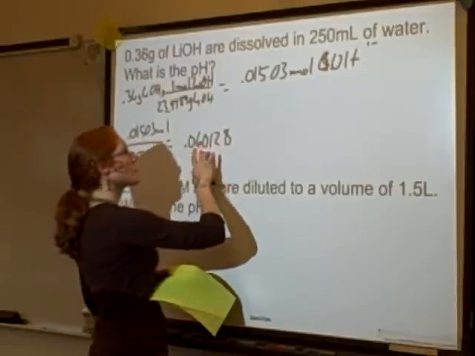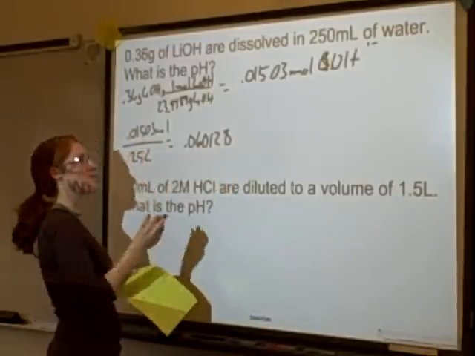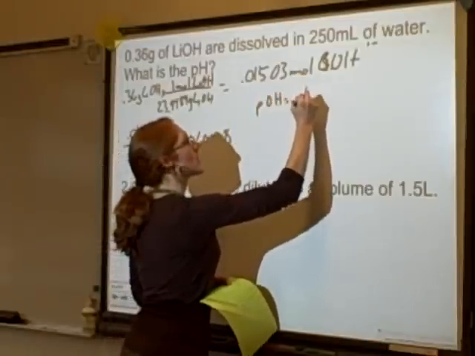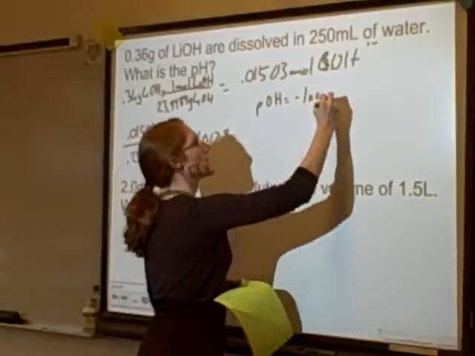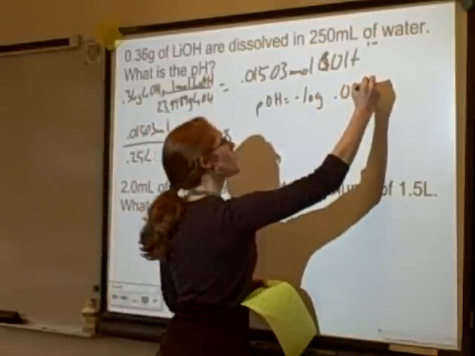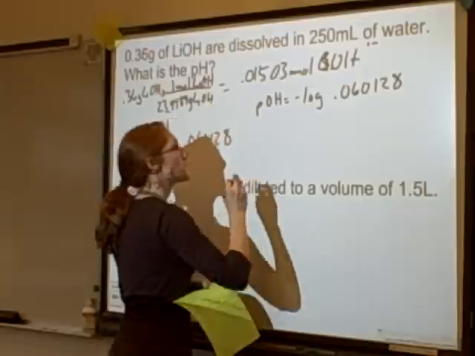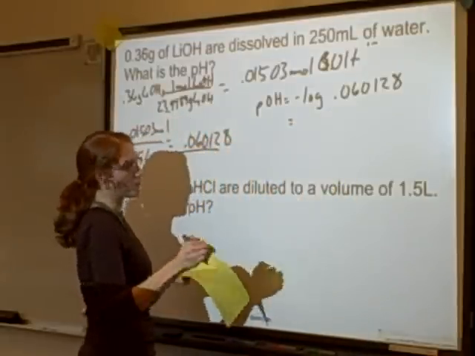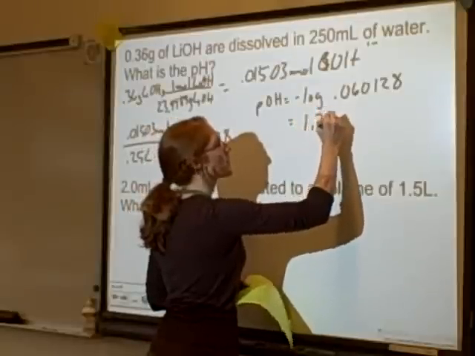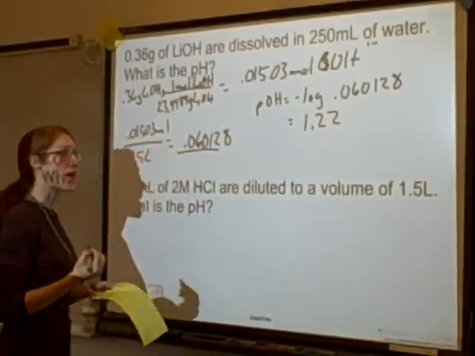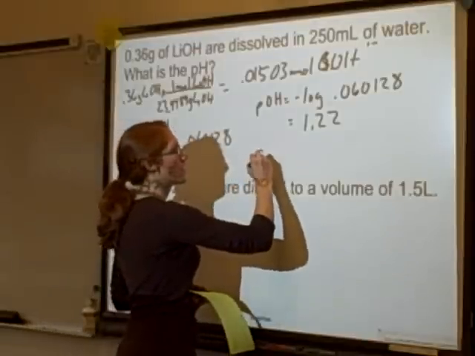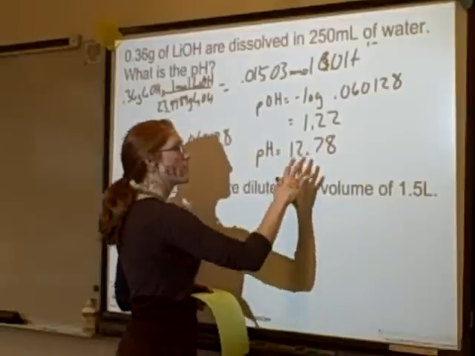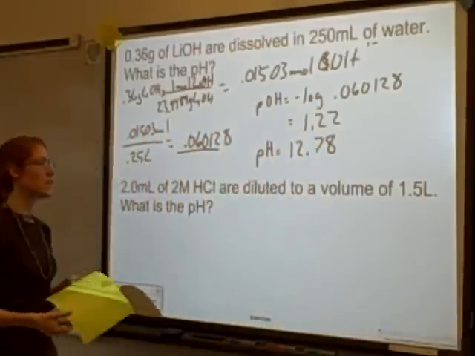So the pOH is going to be the negative log of the concentration of OH that we just solved for. So pOH is a negative log of that, 0.060128. And when you type that in, you'll find out that the pOH is equal to 1.22. And pH plus pOH add up to 14. pH is going to be 12.78, because pH plus pOH will add up to 14.